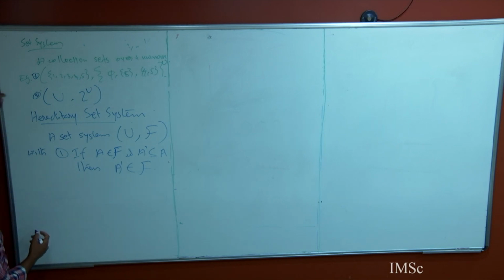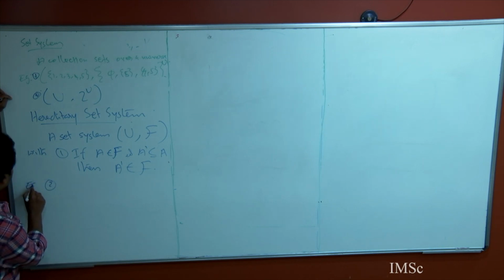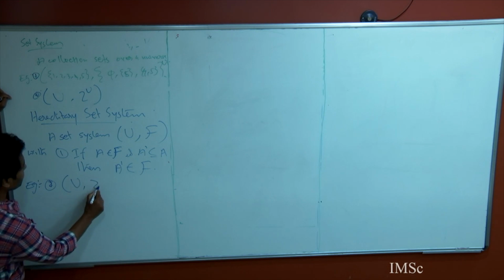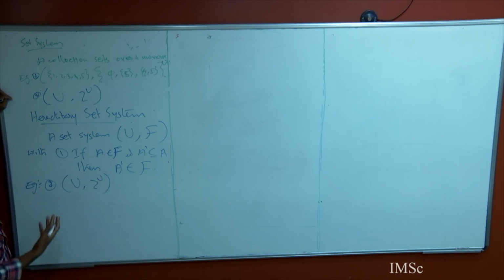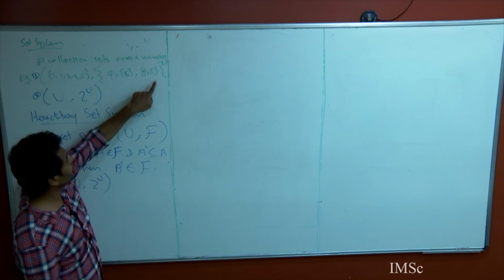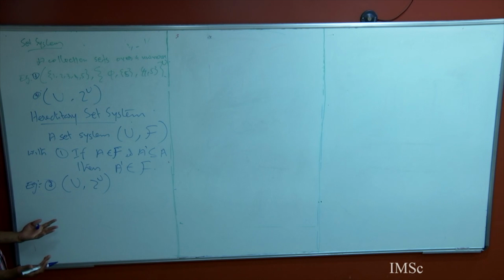Example 2, for any universe, 2 to the U is a hereditary set system. But this other one is not, because {4, 5} is there but {4} is not. So it's not hereditary.